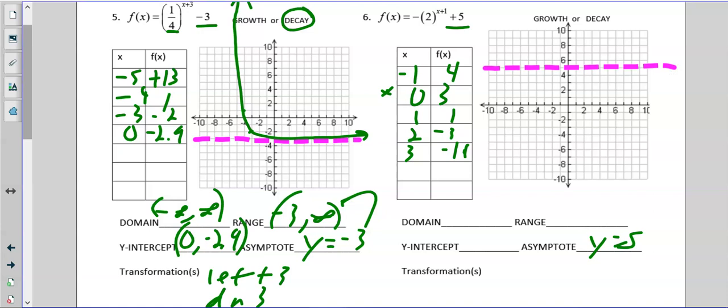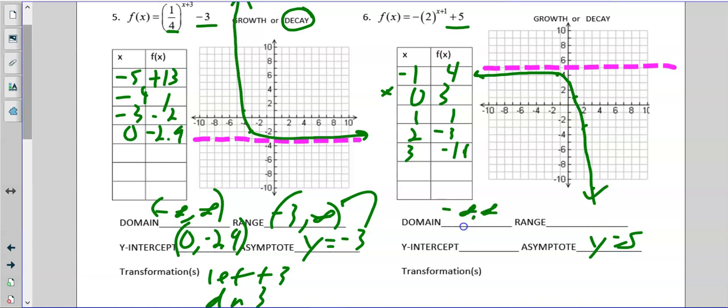All right. And then I just start putting my points on there. So -1, +4, 0, 3, 1, 1, 2, -3, and 3, -11 down here. So again, it's going to go this way. And once you get to the fence, it's going to ride it out.